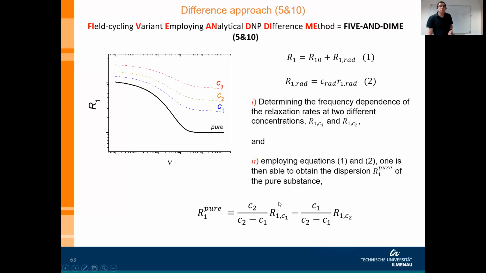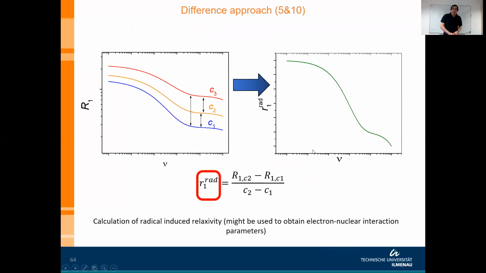And this is called 5-andime, with this complex name. For the people that know our group, you could imagine from whom this name is coming. Well, also you can get, as an addition, of course, the radical-induced relaxation here.